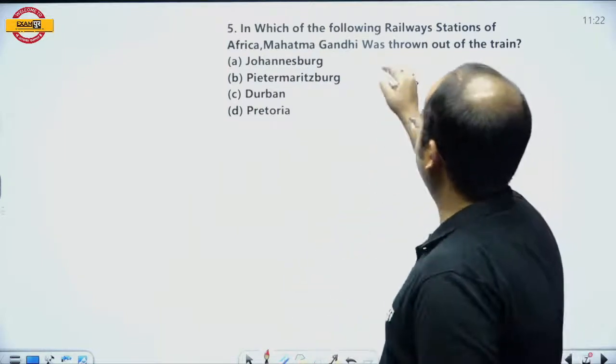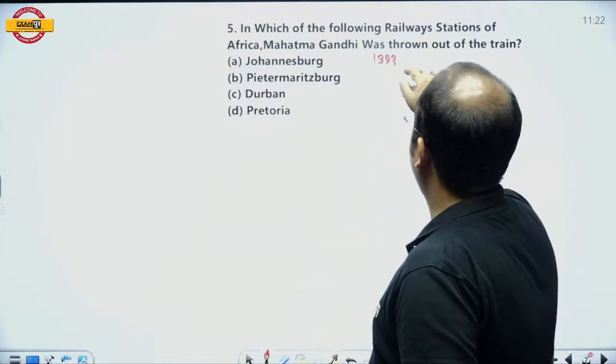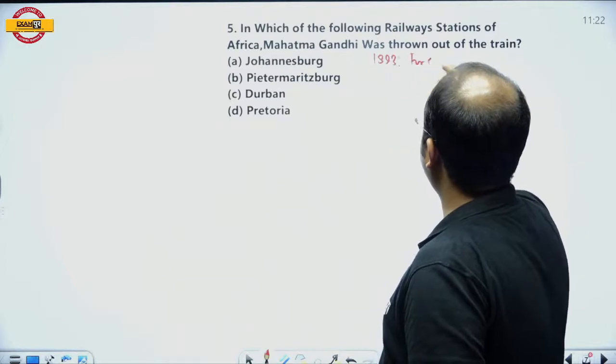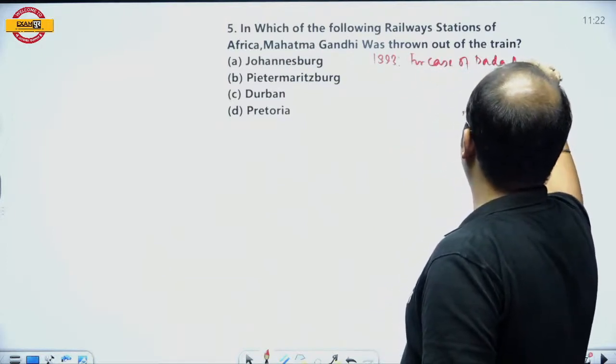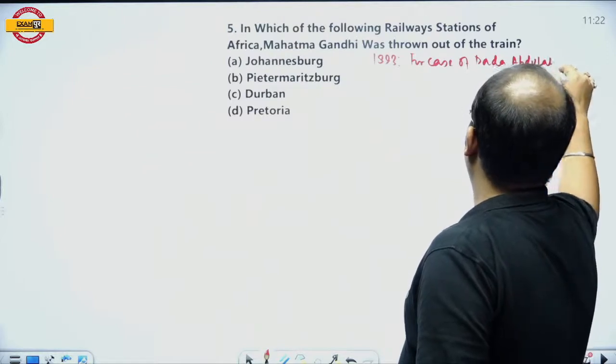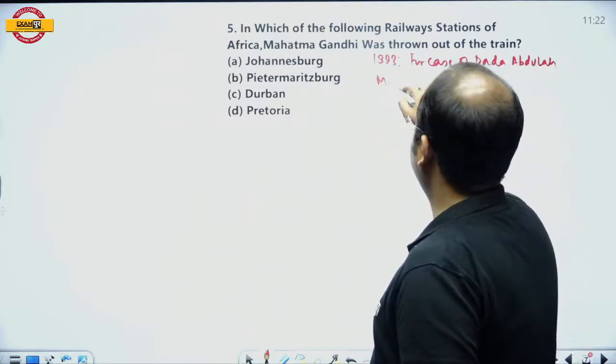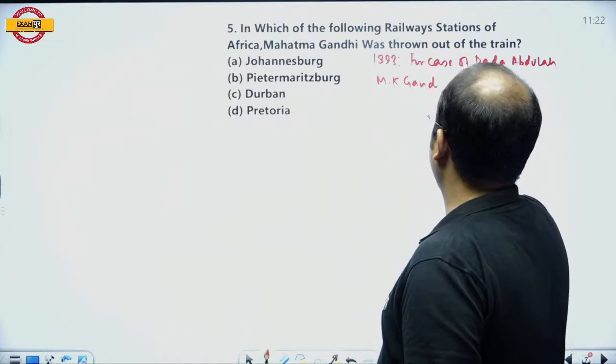Guys, see, in 1893 for the case of Dada Abdullah, M.K. Gandhi went to South Africa.